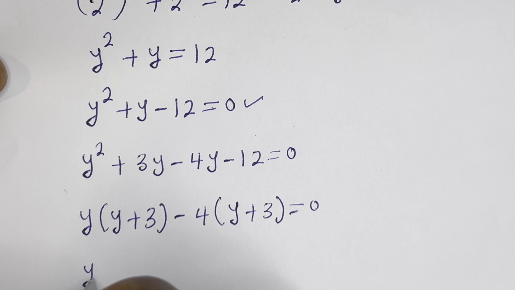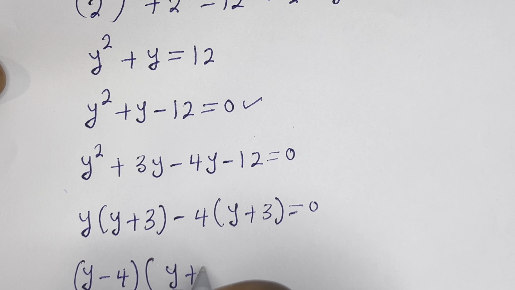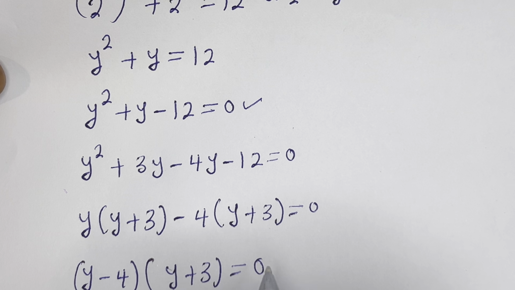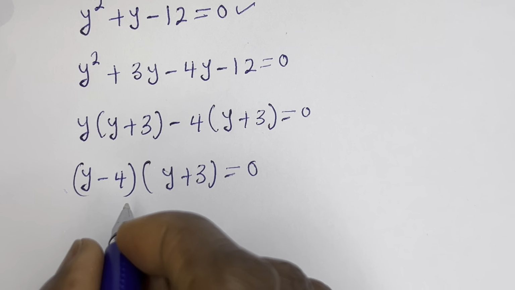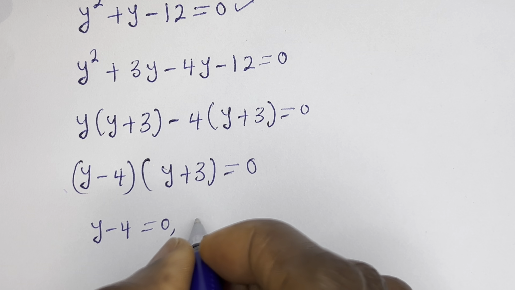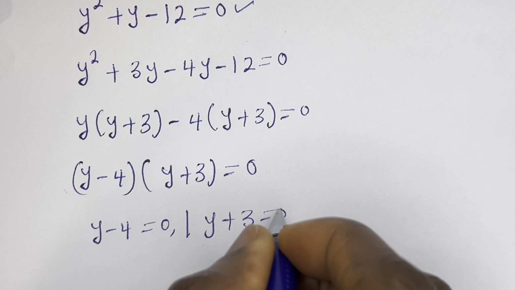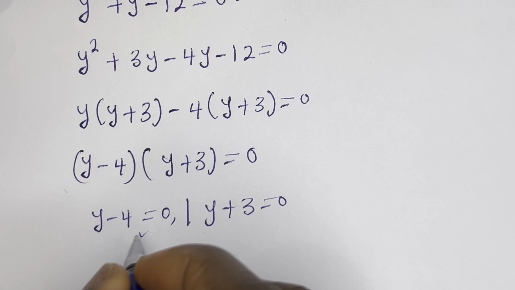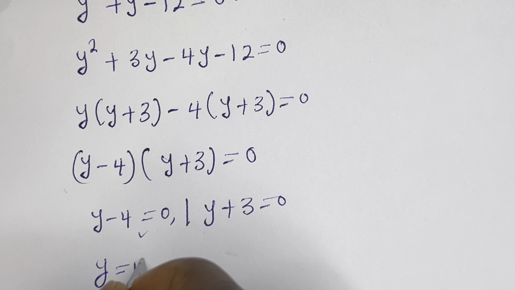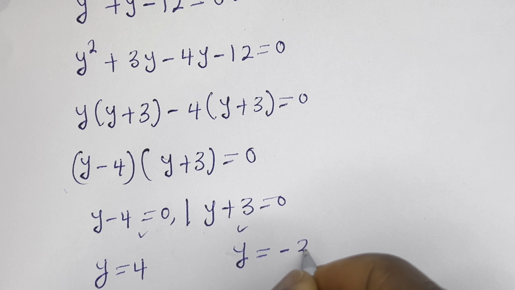So this is y minus 4 bracket y plus 3 is equal to 0. There are two cases here. y minus 4 is equal to 0, or y plus 3 is equal to 0. Then from here, y is equal to 4, and from here, y is equal to minus 3.